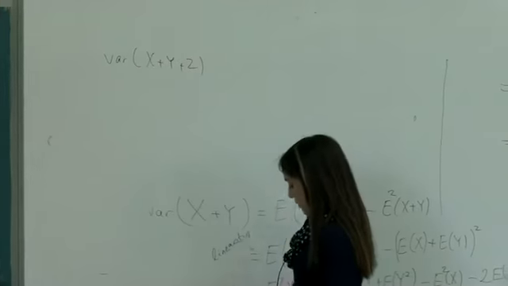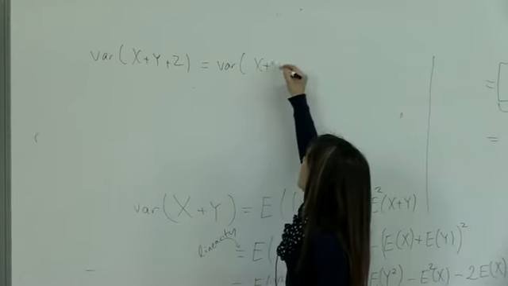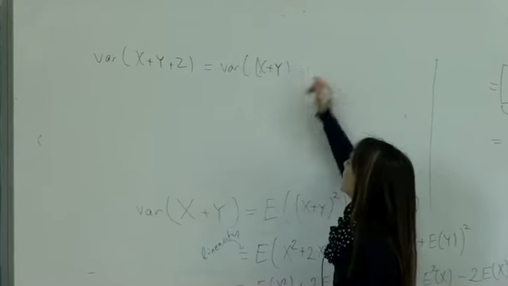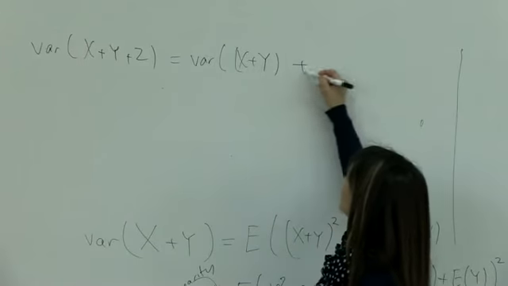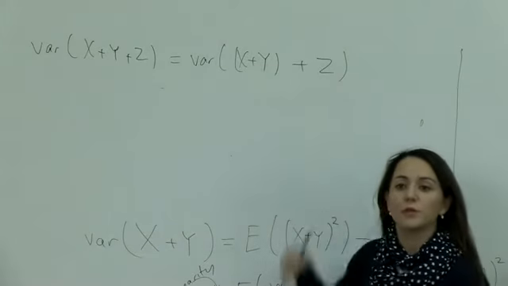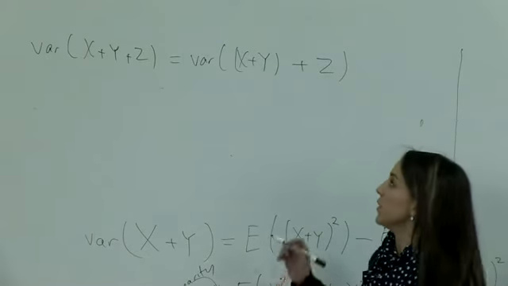Variance of x plus y plus z is equal to the variance of x plus y plus z. Okay, x plus y is a random variable, z is a random variable. We can treat these two as 2 random variables, right?